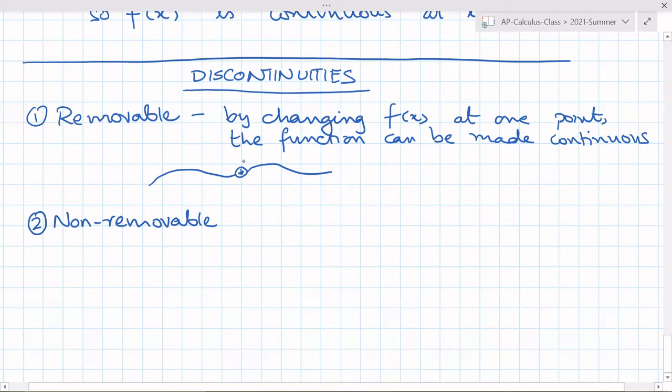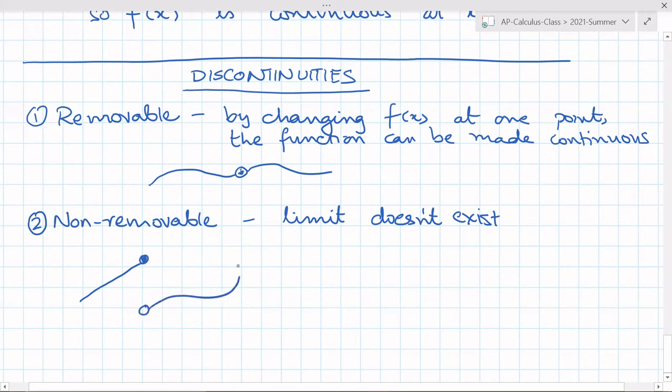The non-removable means the limit doesn't exist. So you have something like that. Now I cannot just change one value and make it continuous, right? I cannot put this dot here. It will still be discontinuous, right? Because the limit doesn't exist. Here you're coming from one side, here you're coming from another side to a different point.